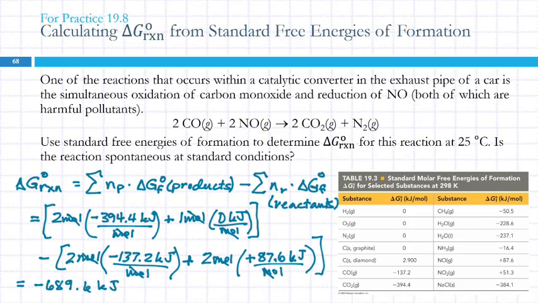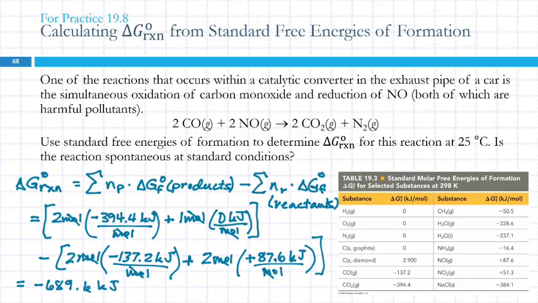Because we can predict the entropy change for this. Going from 4 moles to 3 moles, the entropy is going to go down, right? So that's going to be a negative entropy change, which would suggest that it's not spontaneous, right? But when we calculate delta G, we see that it actually is spontaneous.